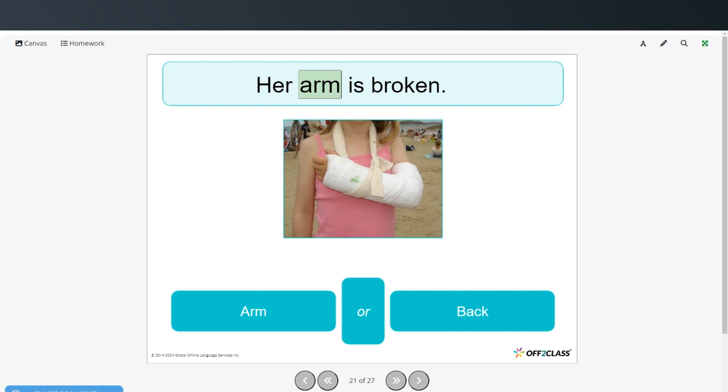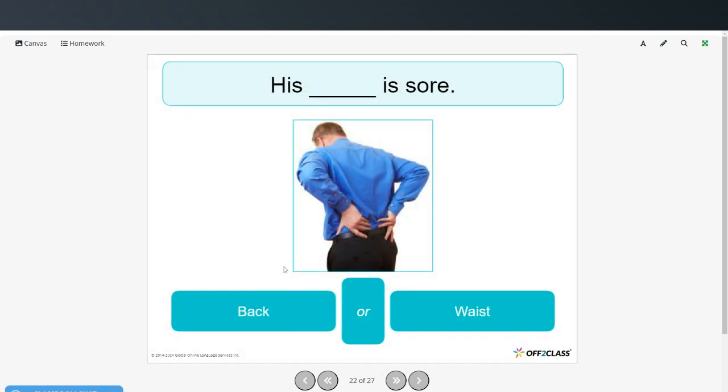Her arm is broken. And for this one, it's either his back is sore or his waist is sore. Well, this one would be his back is sore.